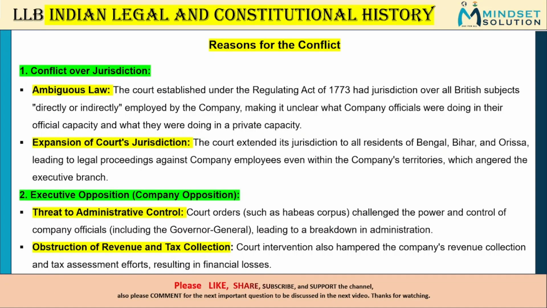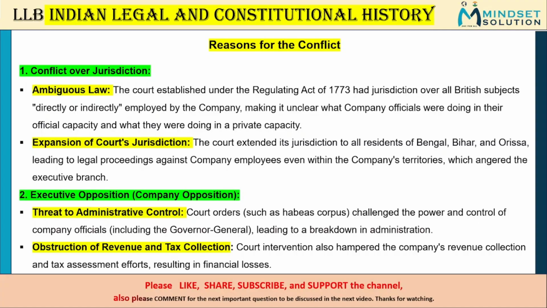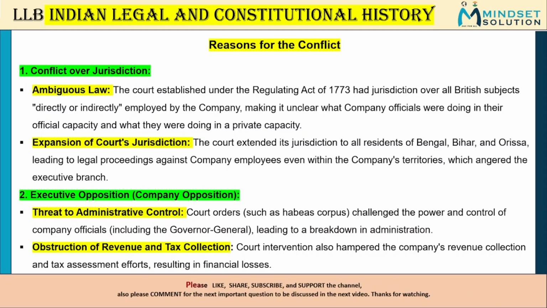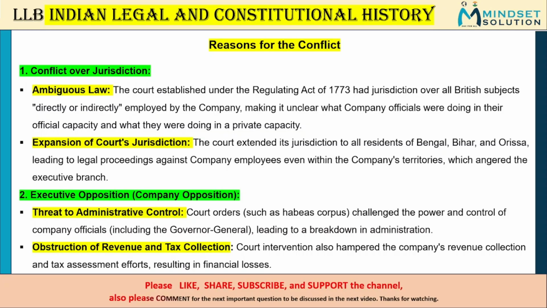Next point is executive opposition, that means company opposition, that is threat to administrative control. Court orders such as habeas corpus challenged the power and control of company officials, including the Governor General, leading to breakdown in administration.